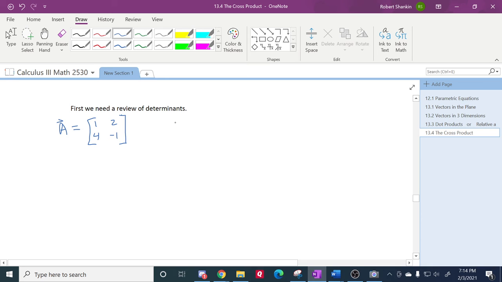When we put the determinant of A, now A is not, I'm kind of using a vector notation. When we use, say, the determinant of A, we'll put solid bars around it. The determinant of A gives us a single number.